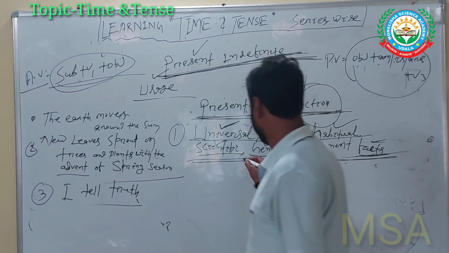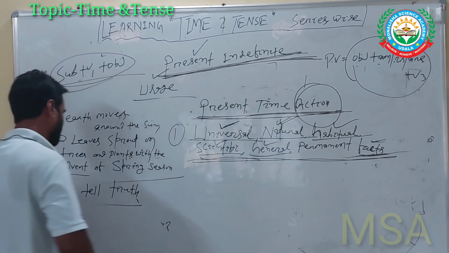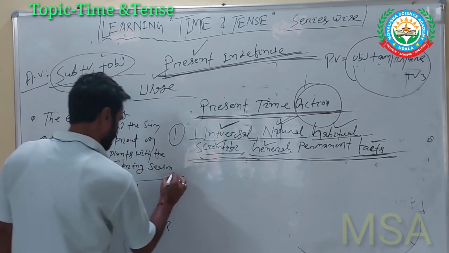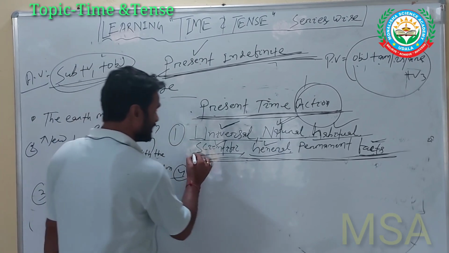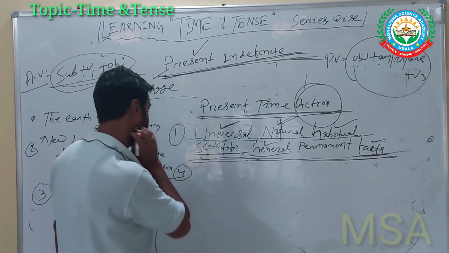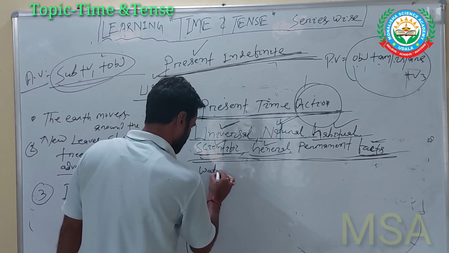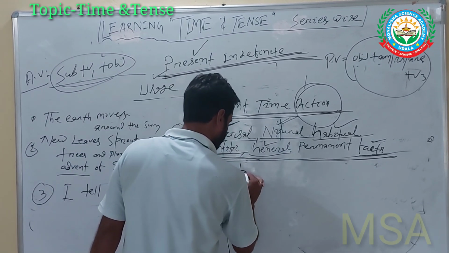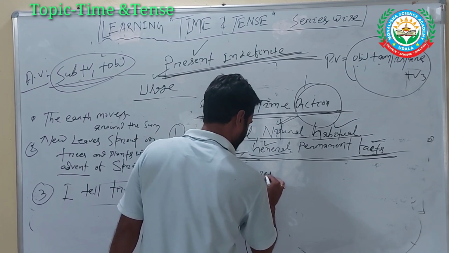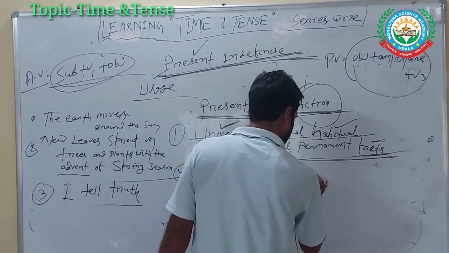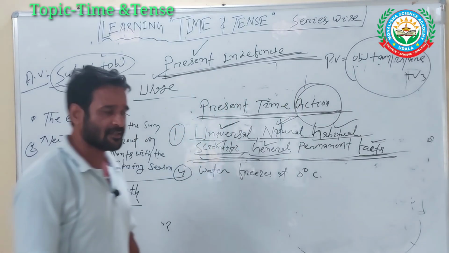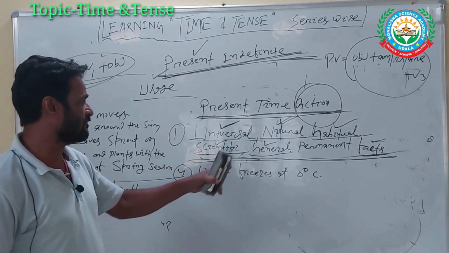And next is the scientific fact, the fourth one. The example of a scientific fact is: water freezes at 0 degrees Celsius. So this is an example of a scientific fact.